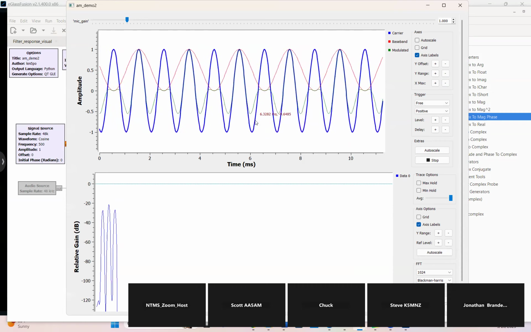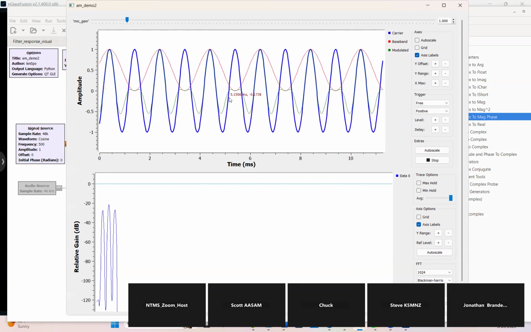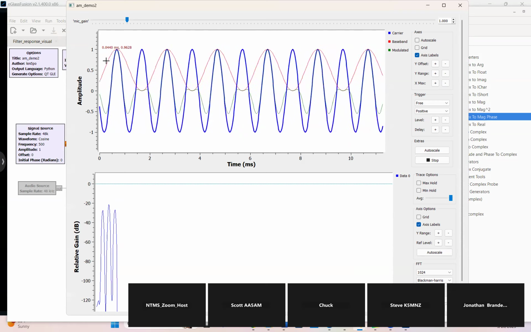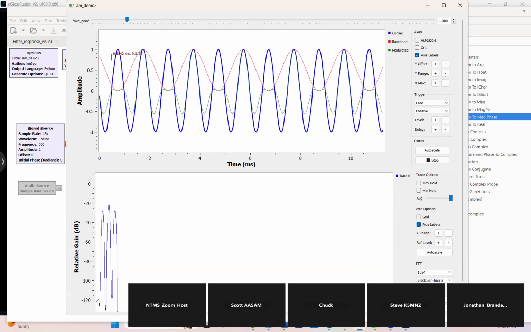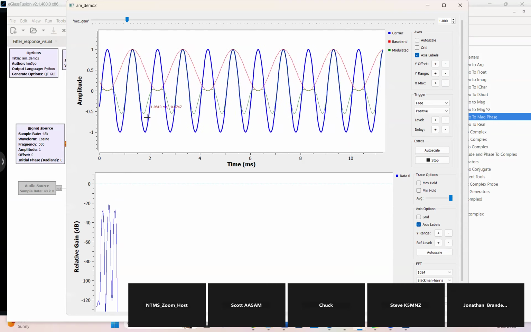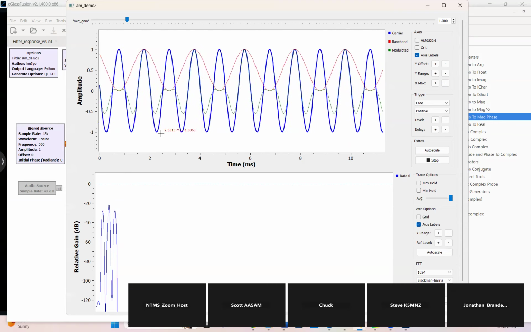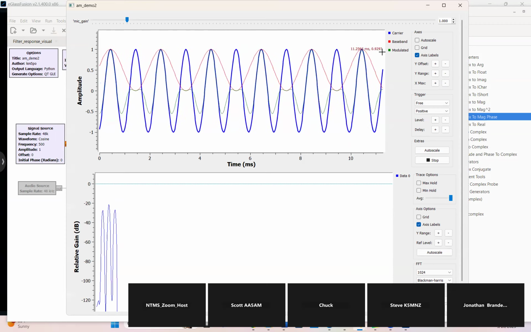Now, this wave has a little funkiness to it, but basically it's got now the baseband fluctuating between 0 and 1 and the carrier between 1 and -1.